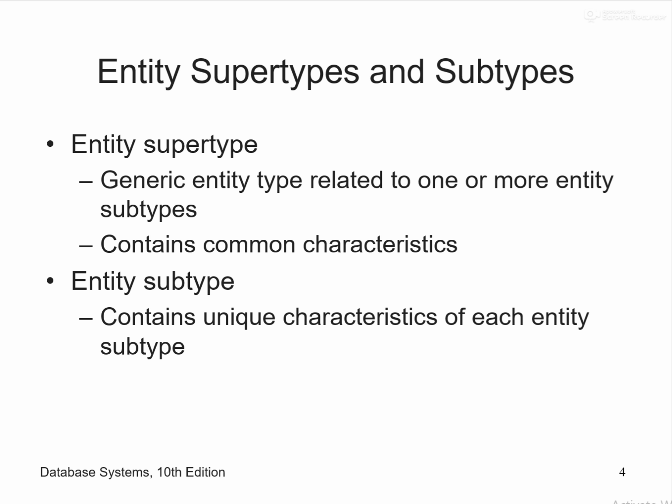Employee can be a supertype, and faculty is a subtype of the supertype entity employee, staff is also a subtype of the supertype entity employee, and administrators are also a subtype of the supertype entity employee. The employee entity will have the common characteristics, but faculty, staff, and administrator will each have their own unique characteristics.